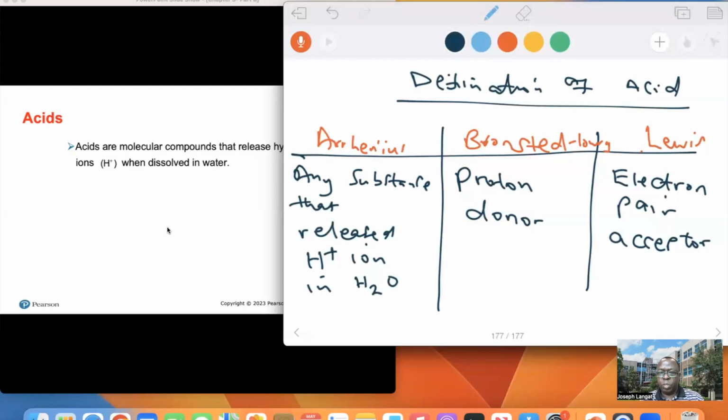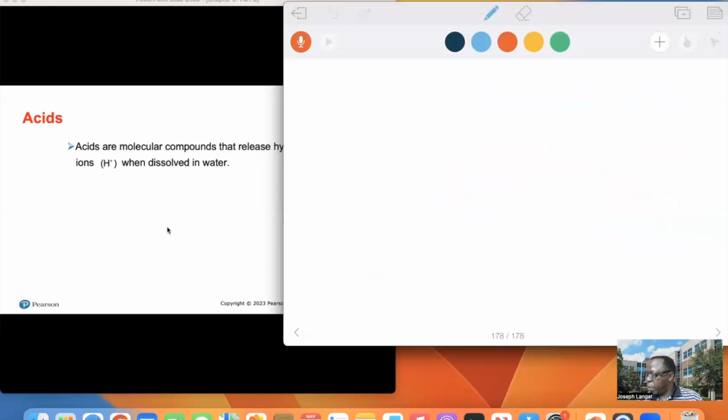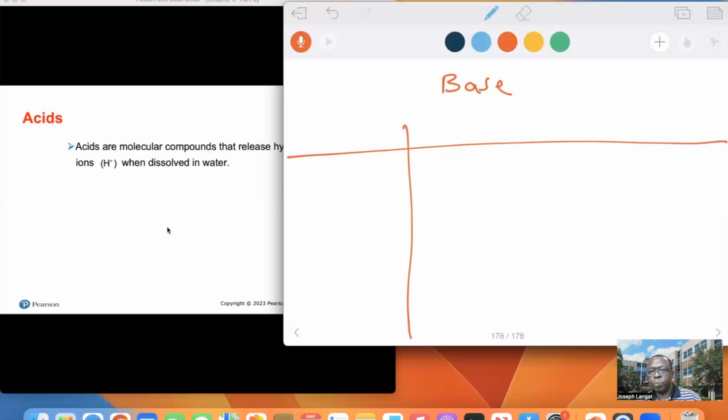As opposed to the acid, let me just define the base for you according to Arrhenius, Bronsted-Lowry, and according to Lewis.